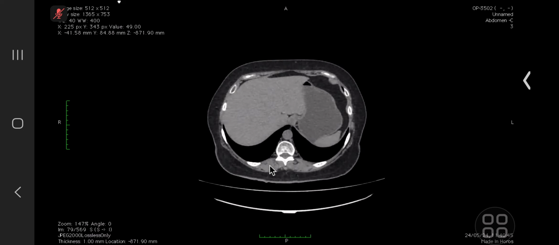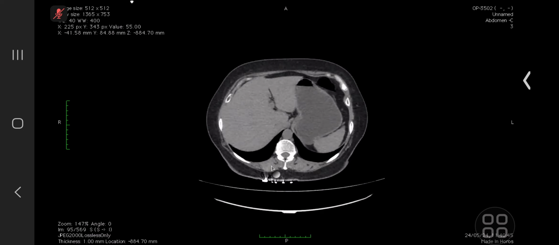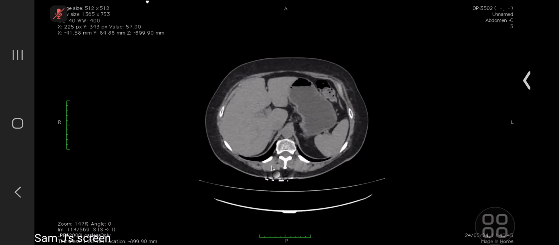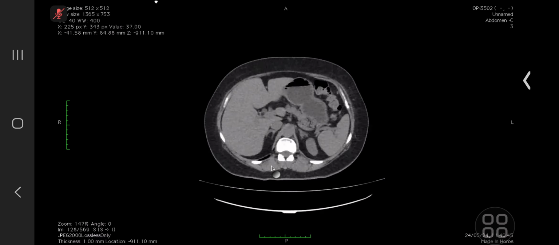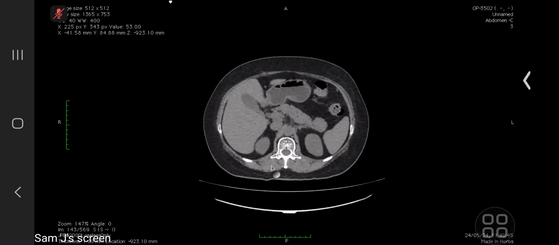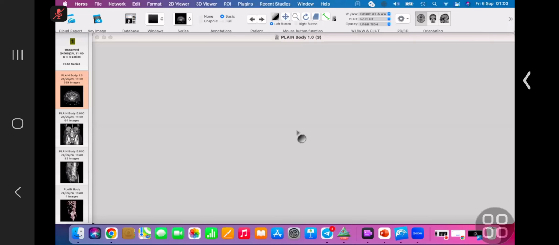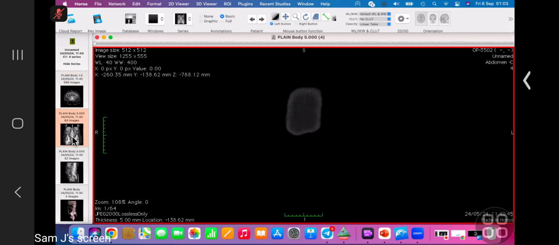I stopped using the mouse, but it's delayed in scrolling. That's why. Okay.